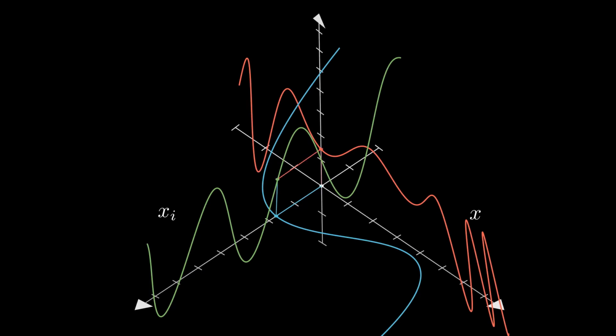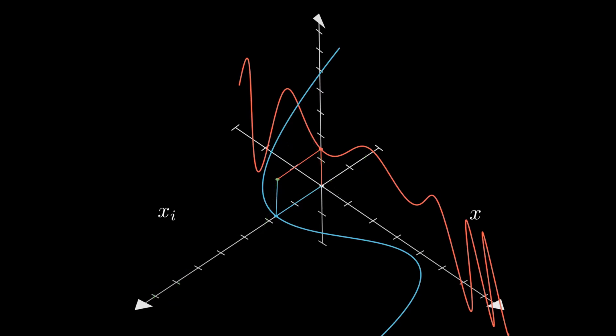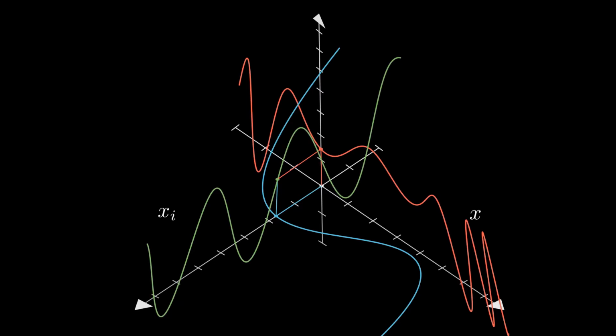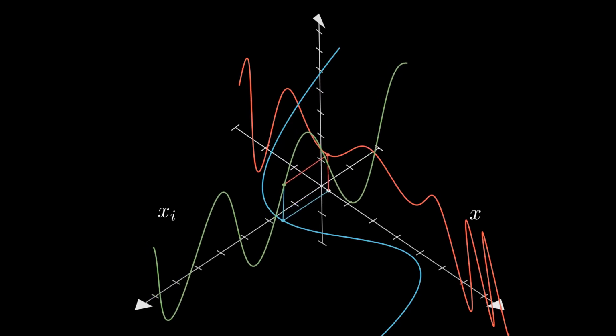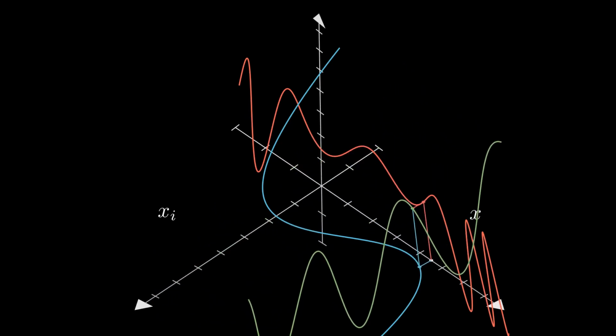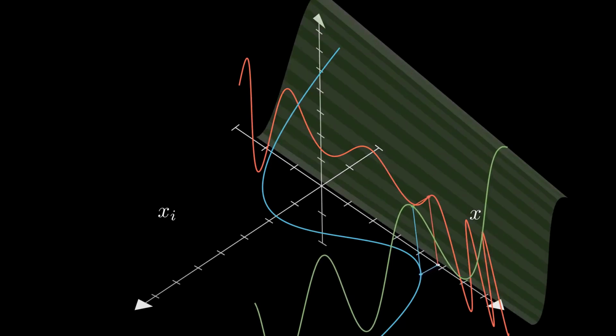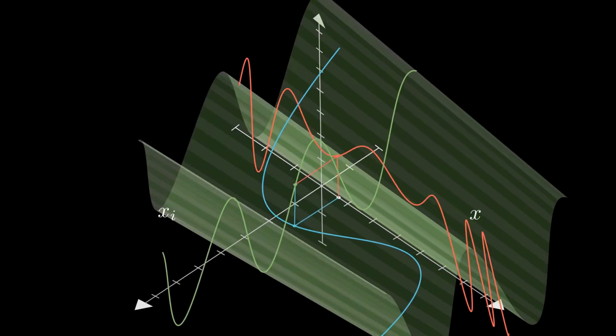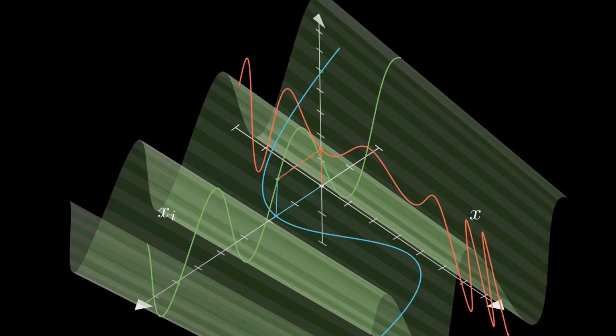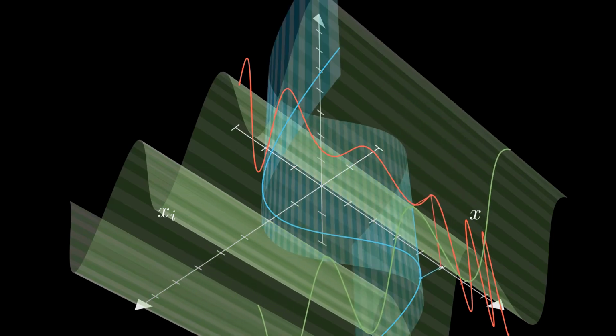Okay, but where's the promised bird's eye perspective? Well, to start with, I said g lives in the xi y plane, but more precisely speaking, it lives in every plane parallel to this one, namely for each x position, and thereby traces this surface, or 2D manifold, in 3D space. Likewise, the ray from the f of x position to g at xi equals f of x traces this surface.